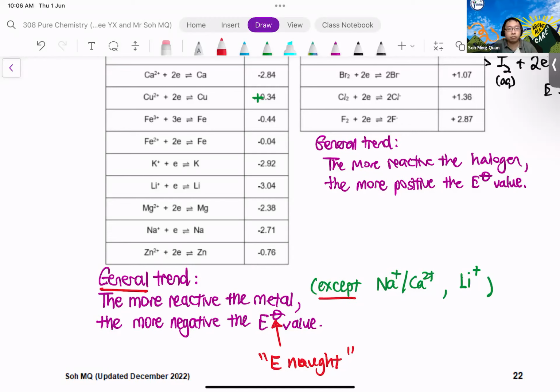Why? Because we read, if it's negative, it undergoes oxidation. But fluorine is group 7. It doesn't lose electrons. Group 7, 7 valence electrons, it gains electrons. So we know that halogens, they all gain electrons.